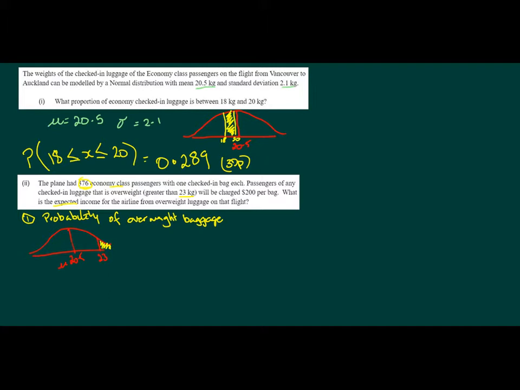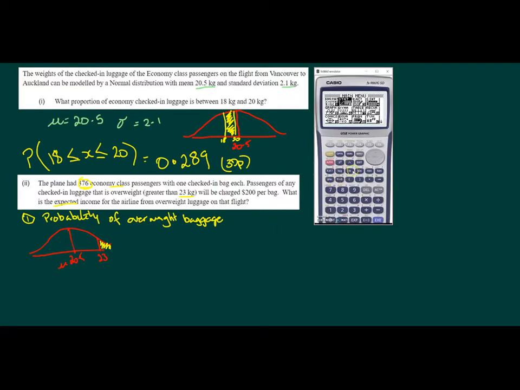So we will bring up our calculator and go through what to do on there. First of all, from the main menu, we go to the stats screen and pick distributions.